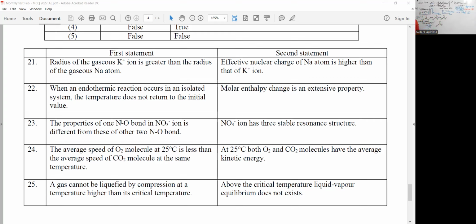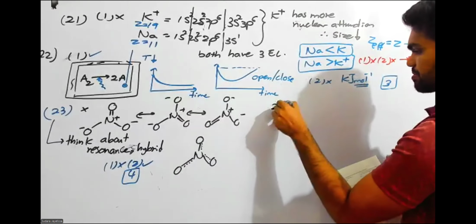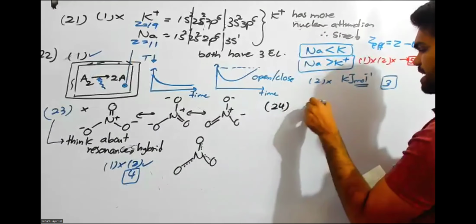It says the average speed of an O2 molecule at 25 Celsius is less than the average speed of a CO2 molecule at the same temperature. Now, what is average speed?